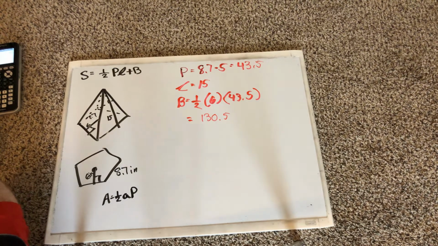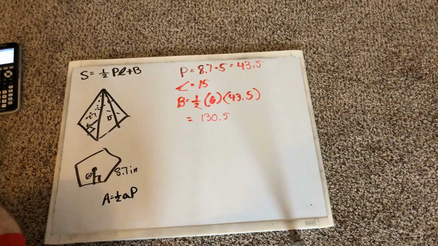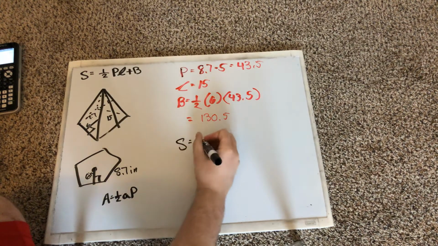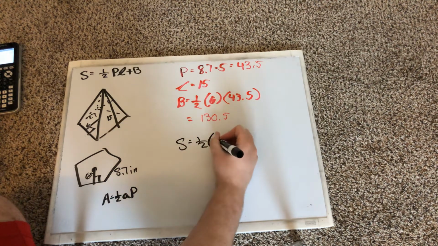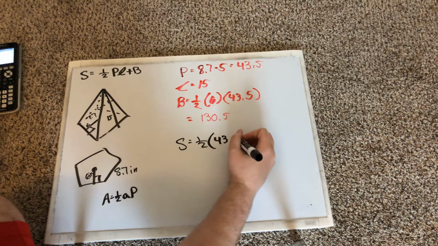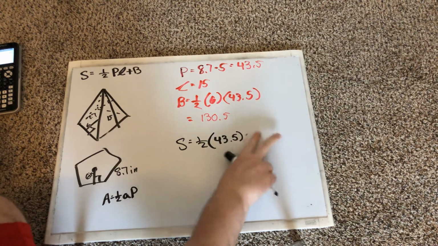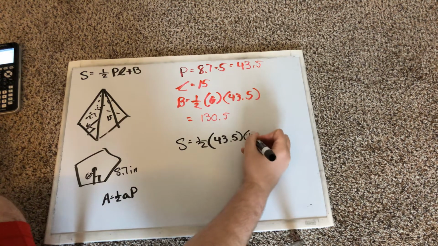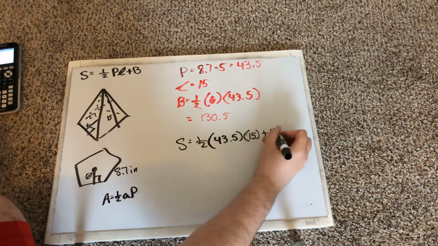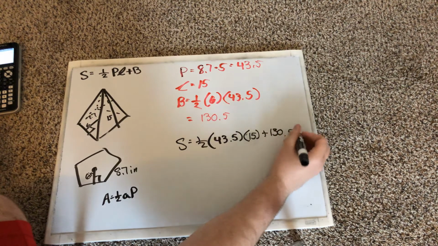Now it's time to plug this in to our surface area formula. 1/2 perimeter, 43.5, times the slant height, 15, plus this 130.5.